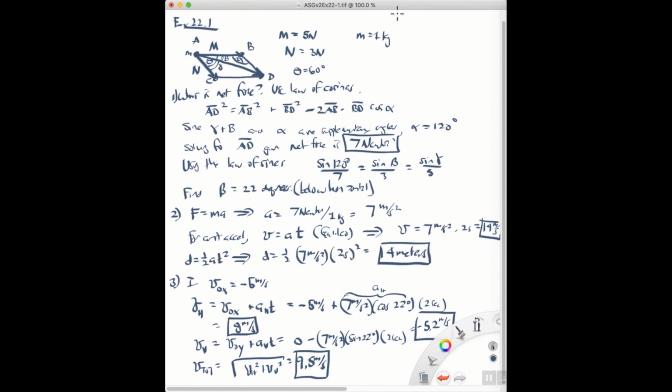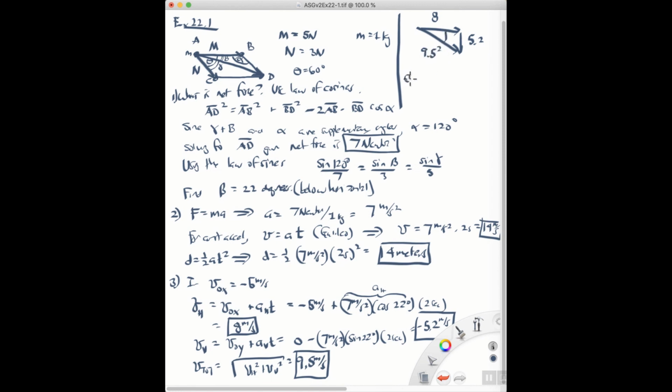Okay, I'm going to squeeze in up here. If we want to know the direction that it's moving at that moment in time, we know it's moving at 8 in this direction, and it's moving at 5.2 in this direction, and the total is 9.5 meters per second. We could figure out this angle right here.